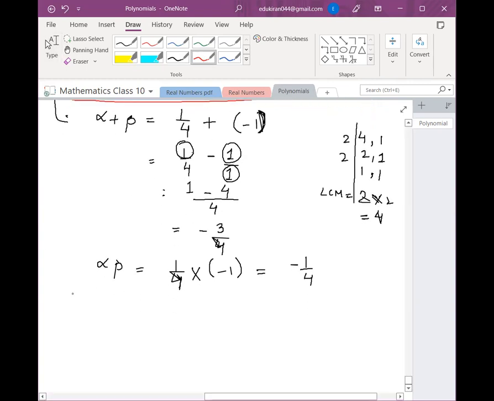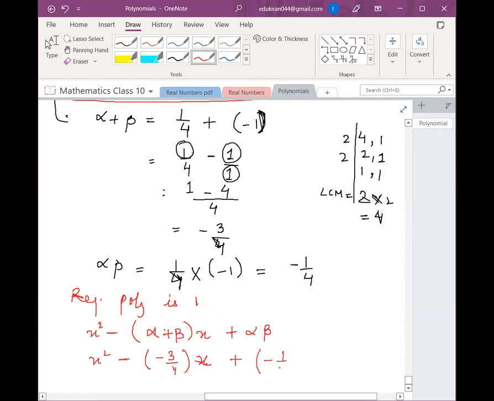So the required polynomial is x square minus alpha plus beta into x, and plus alpha beta. So x square minus, what is alpha plus beta? It is minus 3 by 4 into x. So always use brackets, and plus alpha beta, which is minus 1 upon 4.